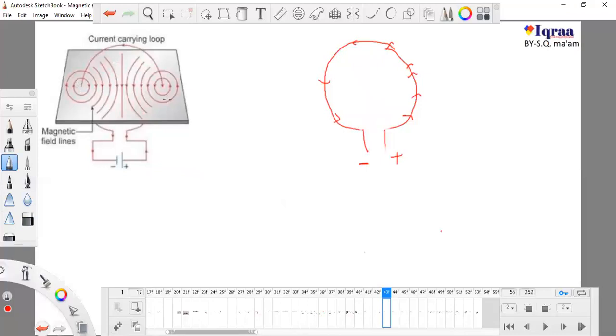You can use it like this, and the direction of the magnetic field line is here. In this other case it is like this, and the direction of the magnetic field line is here. So these are the two directions of magnetic field lines.